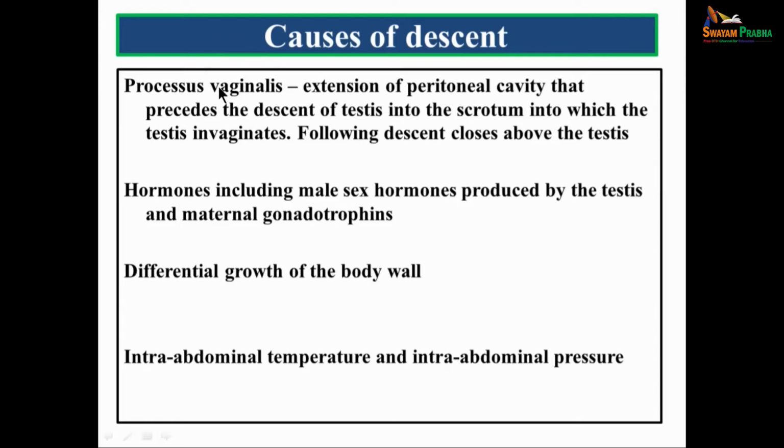Number 1, processus vaginalis, then hormones, the male sex hormones, then differential growth of the body wall, intra-abdominal temperature and intra-abdominal pressure. The processus vaginalis is an extension of peritoneal cavity that precedes the descent of testis into the scrotum. Following the descent, the processus closes above the testis.